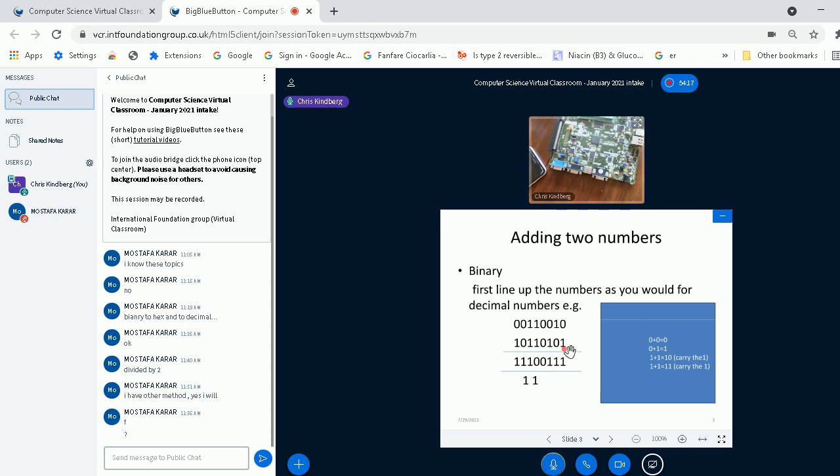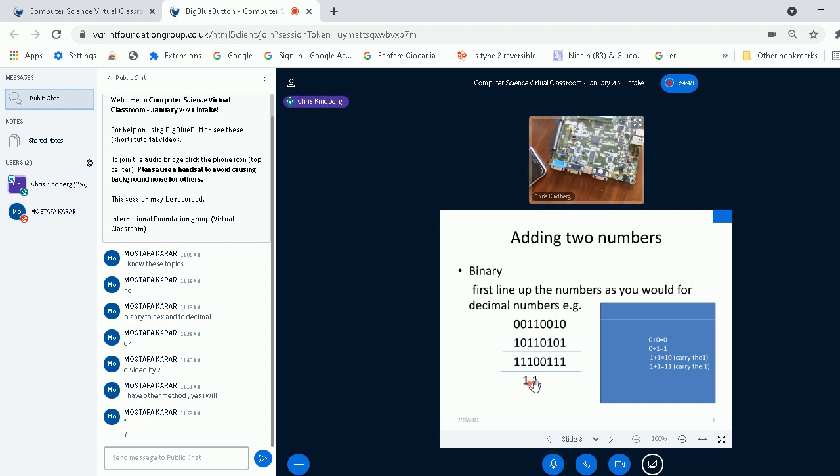I can simply start by adding: 1 plus 0 is 1, and 0 plus 1 is 1, and 0 and 0 is 0.